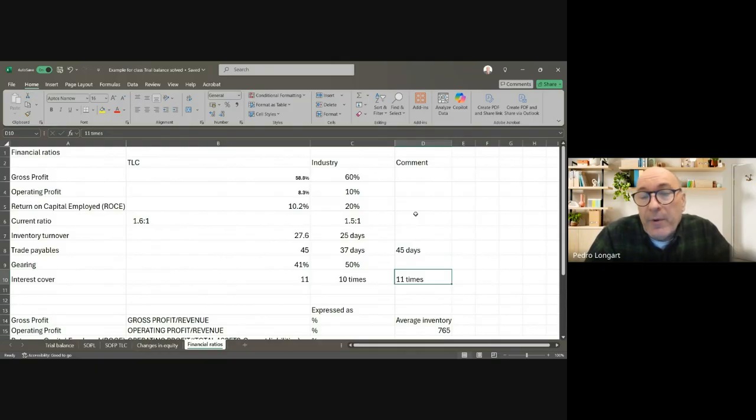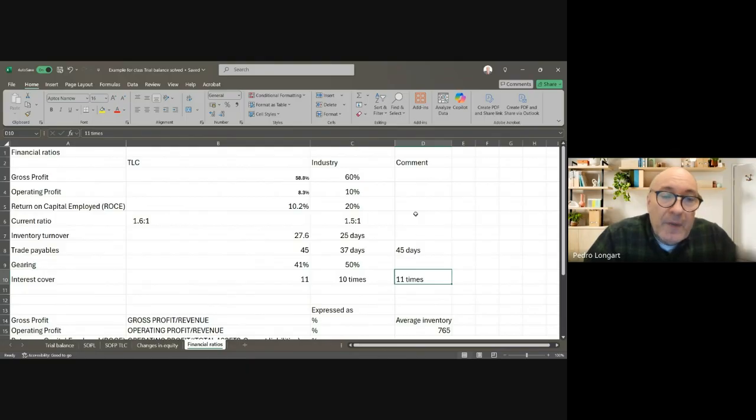The operating profit, the same. It's less than the industry, it's 8.3, and the industry is 10%. Again, you need to reduce your distribution costs, your administrative expenses. Have a look at how you can actually reduce those costs without affecting, of course, the business.